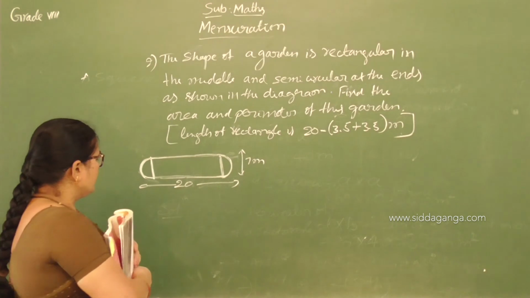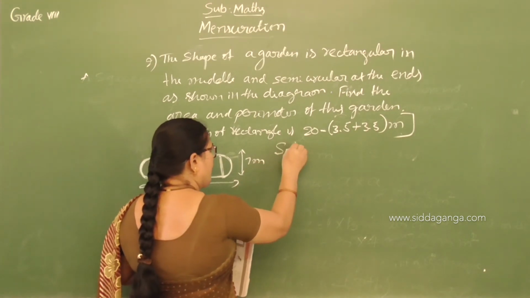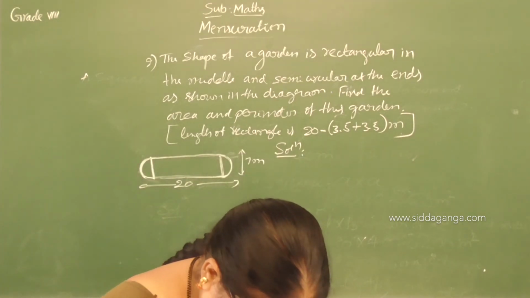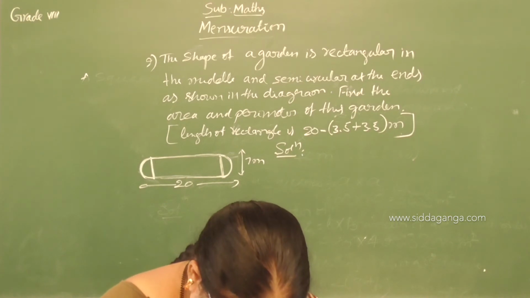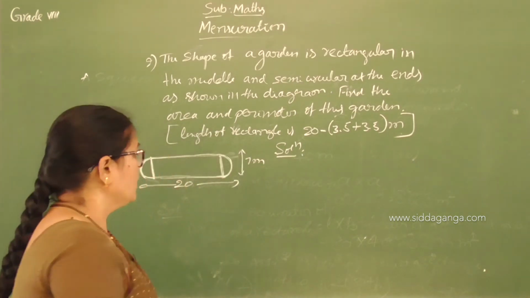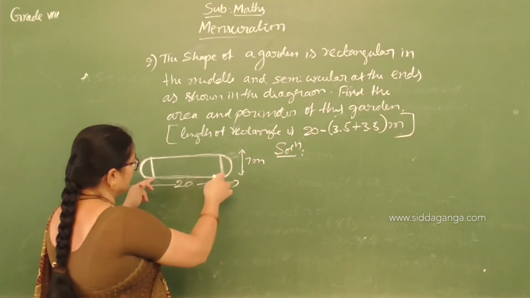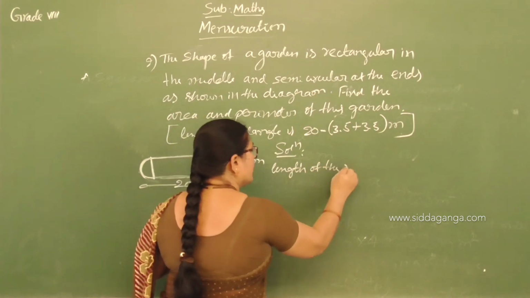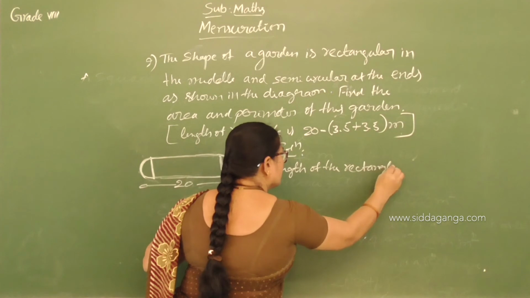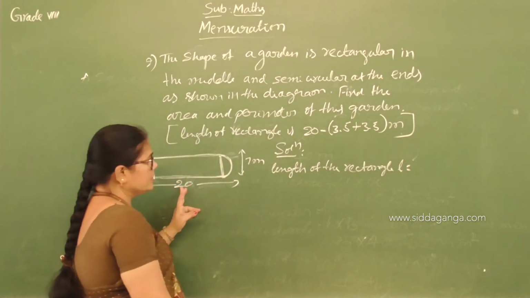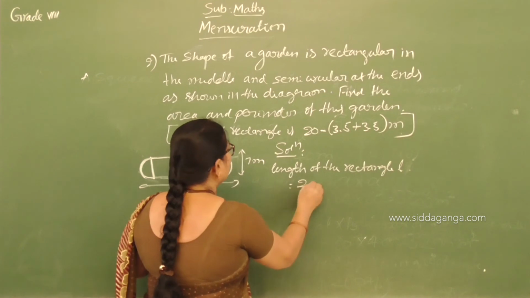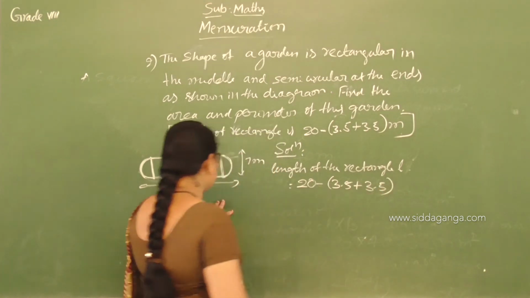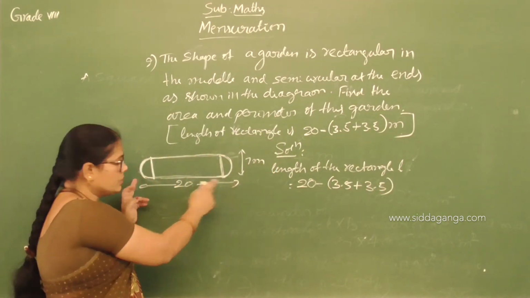So in the solution, here we have to take the length of the rectangle. Length of the rectangle, L is equal to 20 minus 3.5 plus 3.5, because the whole length of the garden is 20 meter.